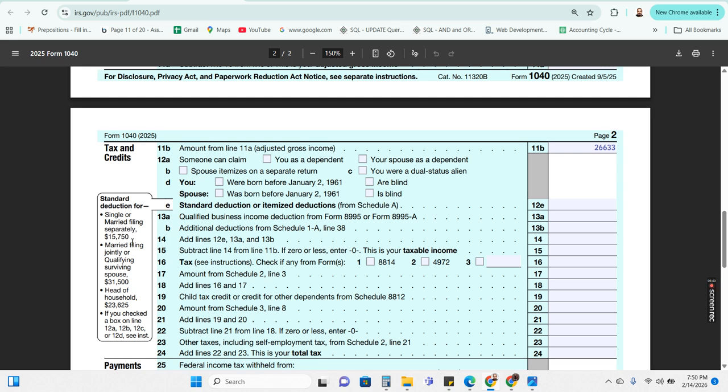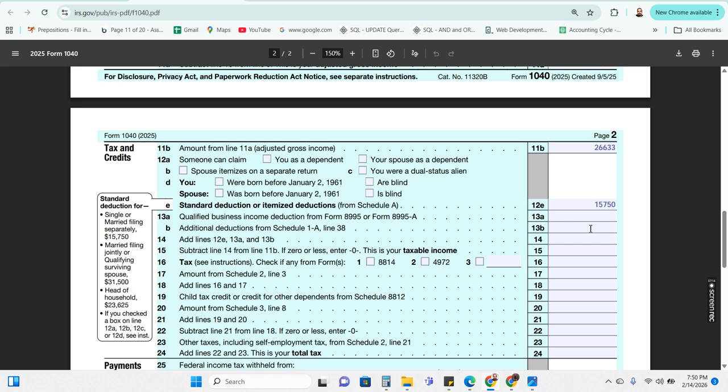Definitely you are going to take 15,750. Understand? On 12E you write 15,750 this year, because it is single. For married filing separately it is 15,750, for married filing jointly or qualifying surviving spouse it is 31,500, and for head of household it is 23,625. Understand, ladies and gentlemen?